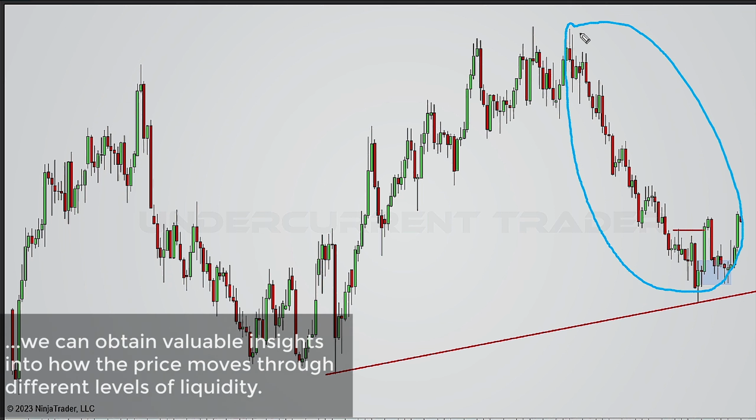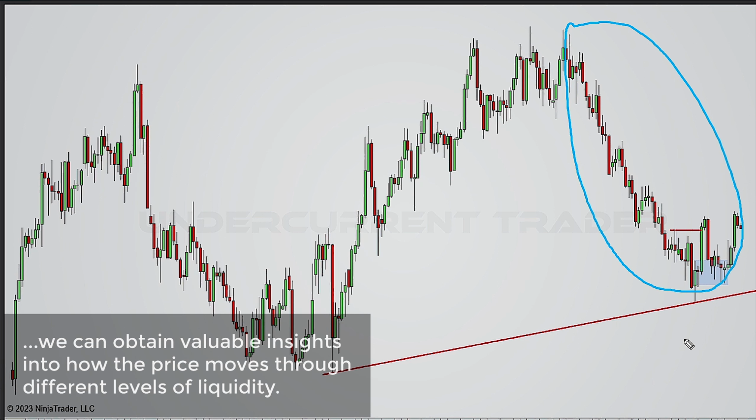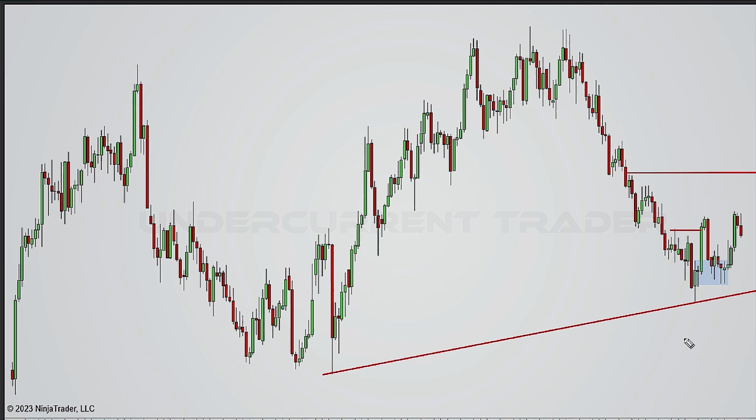By doing this, we can obtain, I think, valuable insights into how the price moves through different levels of liquidity. More importantly, though, this approach not only enables us as traders to sense the speed and flow of the price, but also allows us to identify key areas of market imbalances.